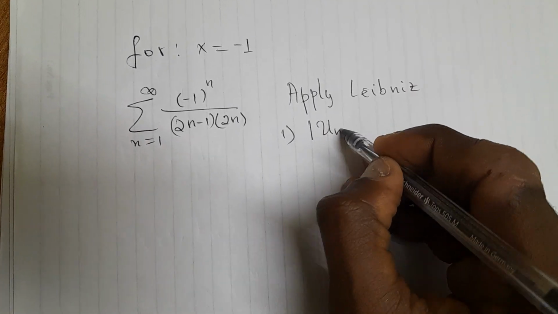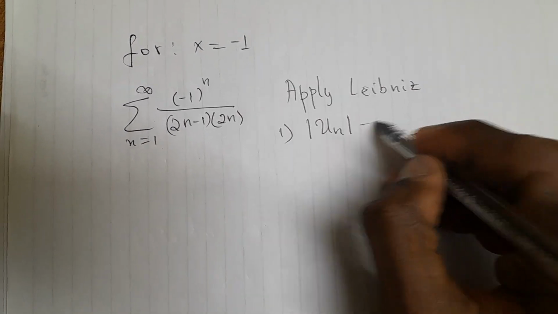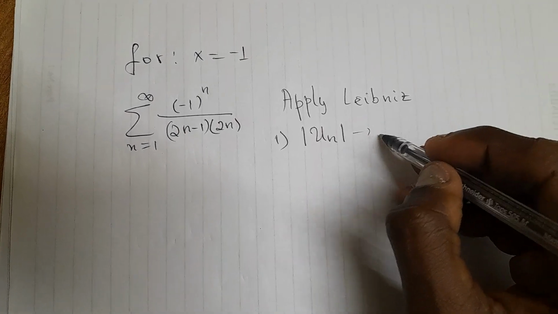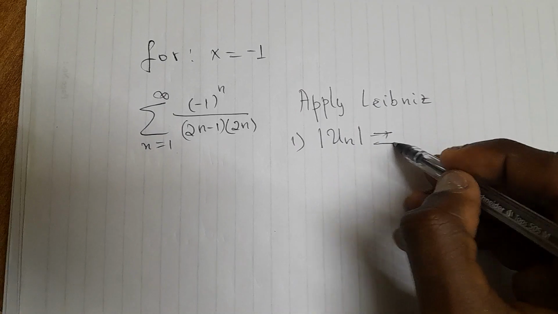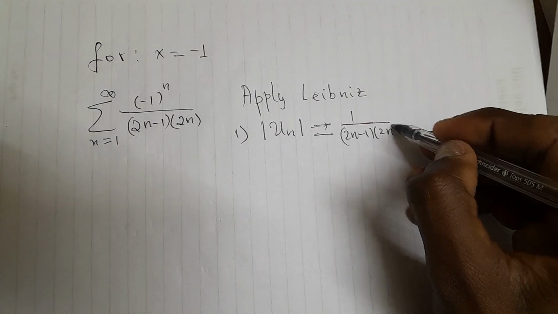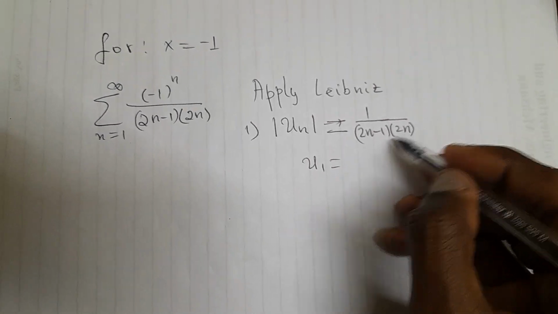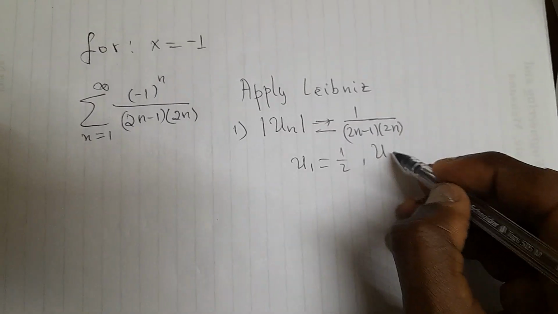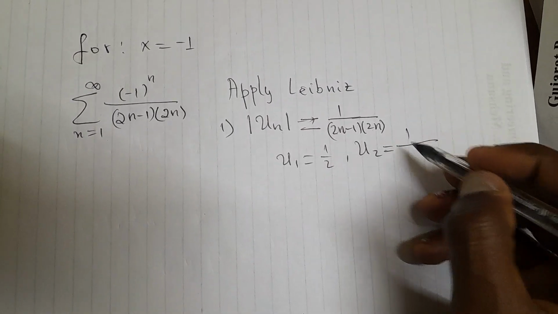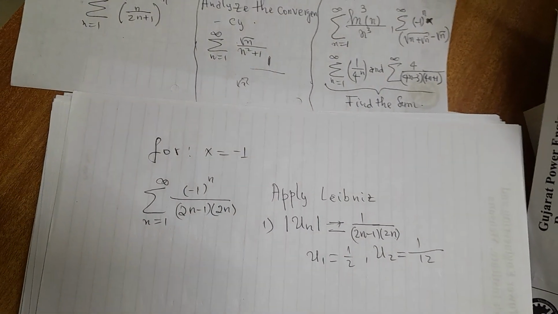Let's first see. The absolute value of un must be a decreasing function. The absolute value of un is only 1 upon (2n minus 1) and 2n. Suppose u1: put here 1, it will be 1 by 2. u2: put here 2, this will be 3, 3 times 4 will be 12, so 1 upon 12.